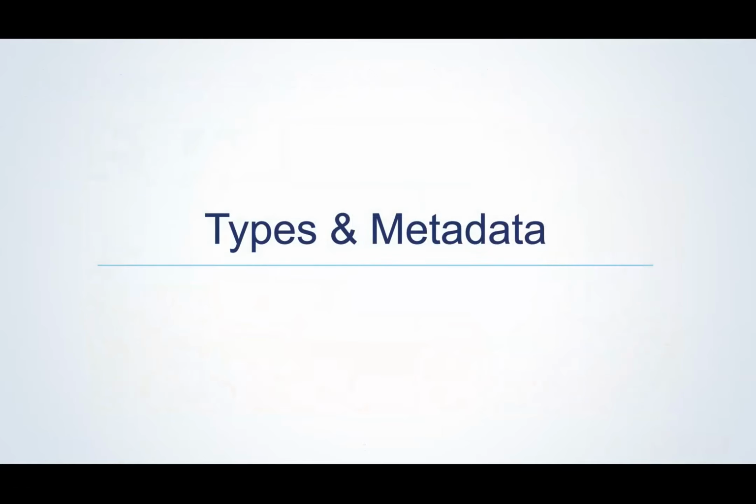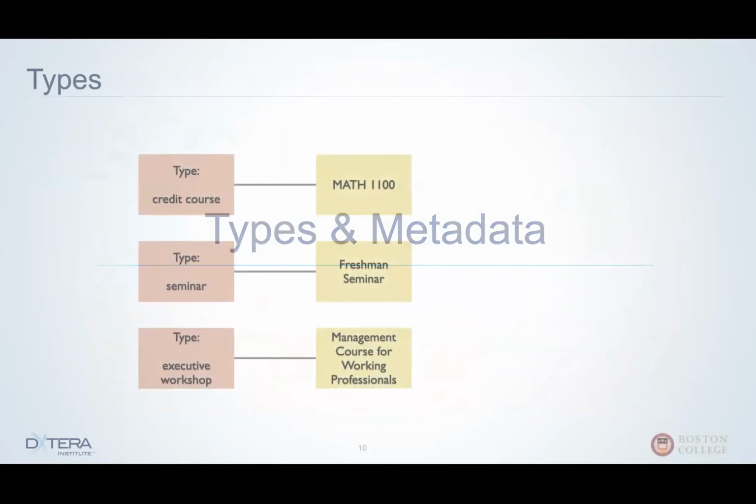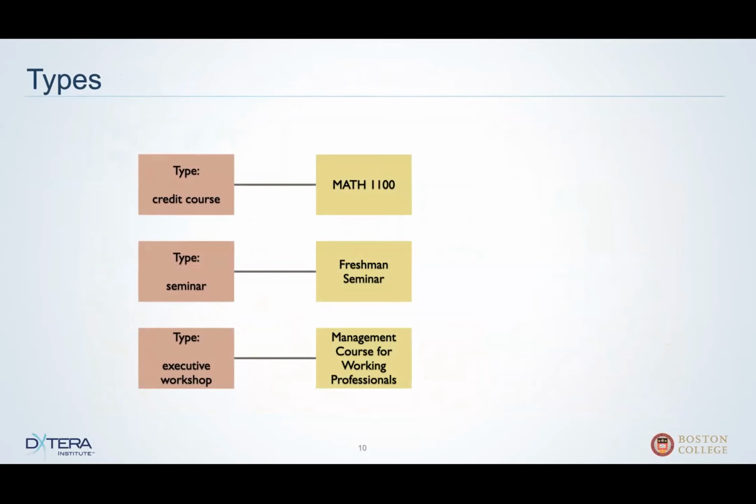And we'll start with types and metadata, sort of continuing from what I talked about last week. I introduced a subset of some of the course types that we have. It sort of describes what kind of course we have. All of the objects in the EagleApps system all have a typing mechanism.